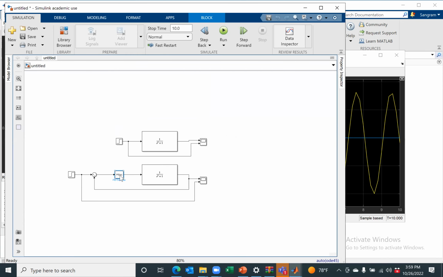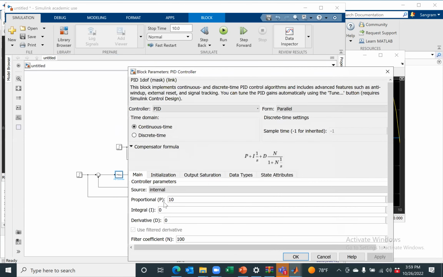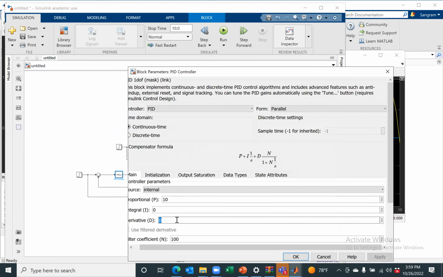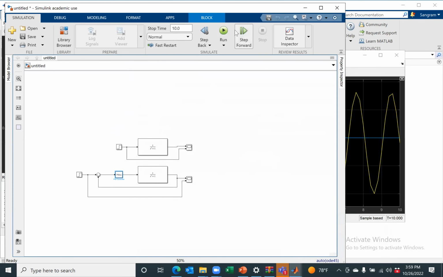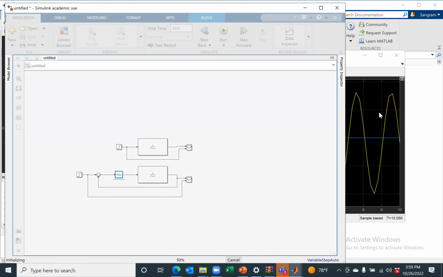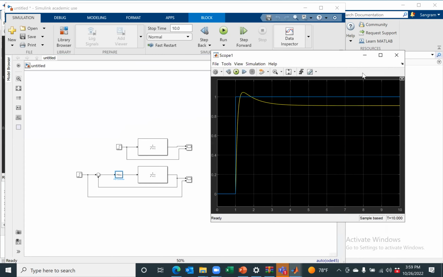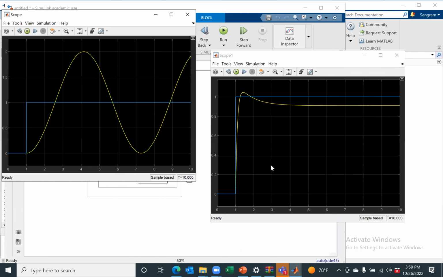So what we do is we go to PID and then add a derivative term. And now see the controlled and uncontrolled. Are you with me so far?